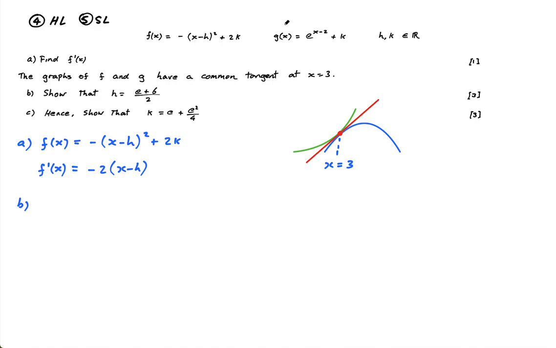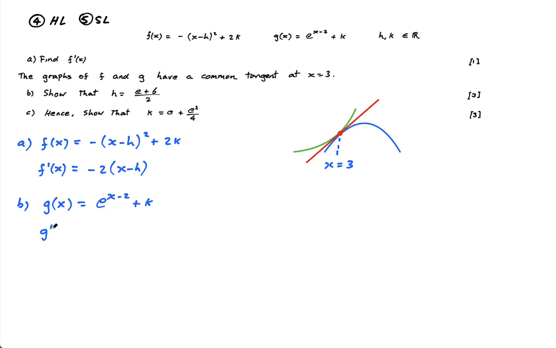You could try equating them first and see how you get on with that, but I'm pretty sure we have to equate the derivatives first, because the derivatives actually get rid of this k here, and they'll do that for this guy as well. So there's a little bit less going on. So let's do that now. So I'm going to get g dash of x, the derivative of g. So g of x is e to the x minus 2 plus k.